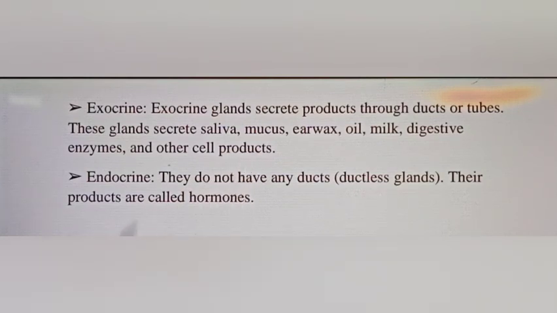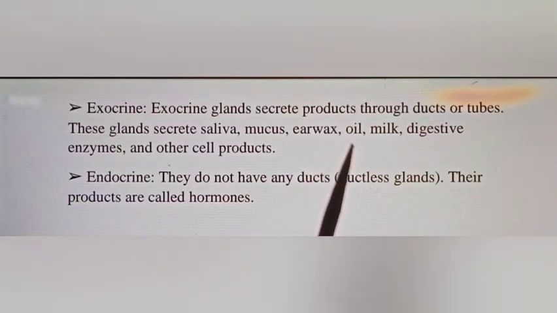The exocrine glands secrete saliva and mucus, which is secreted inside the stomach wall or intestinal wall, and also in the reproductive system, the trachea and nasal cavity of the respiratory system. Earwax is also secreted by exocrine glands.